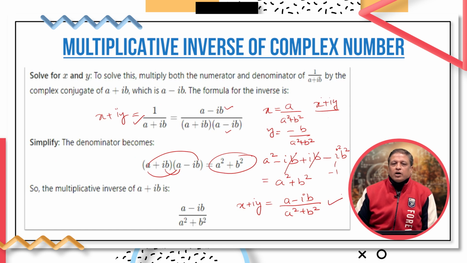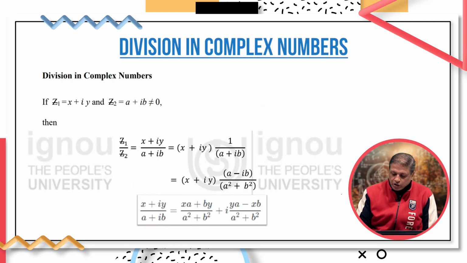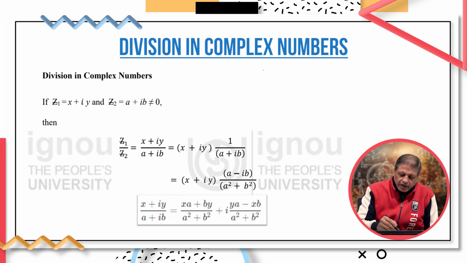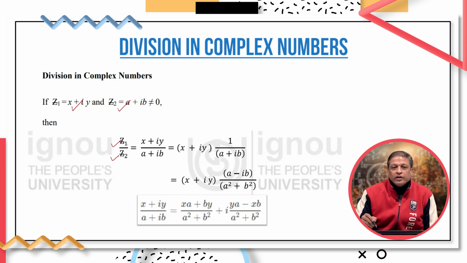I hope you learned how to solve the equations to get the multiplicative inverse. Now, let us learn about the division of complex numbers. Say Z1 is x plus iy and Z2 is a plus ib, then Z1 by Z2 will be given by x plus iy by a plus ib.